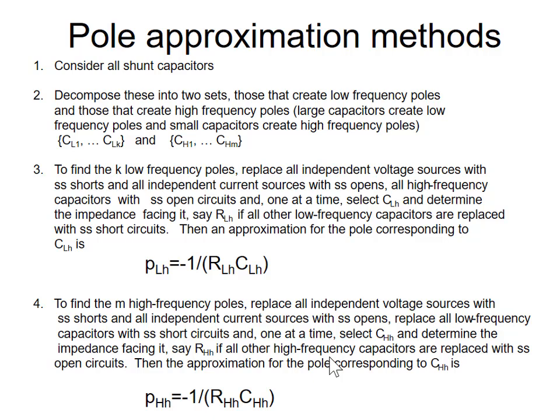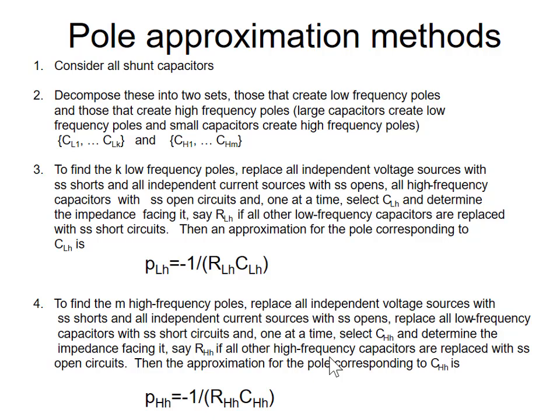Now, you can show that if you've got a bunch of poles in an amplifier, you're really mostly concerned about the biggest low frequency pole and the smallest high frequency pole. Oftentimes you'll have poles that can be broken into 2 groups: high frequency poles and low frequency poles.